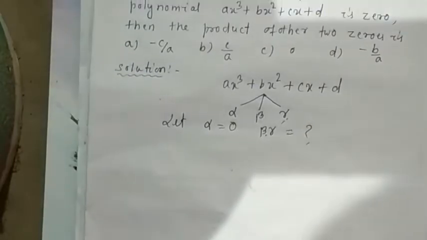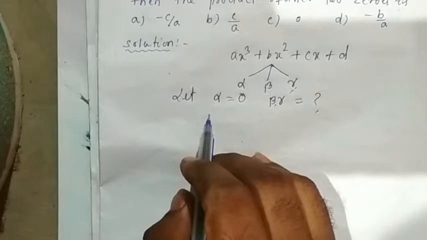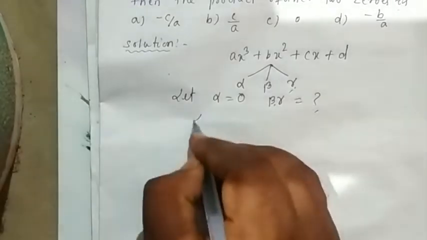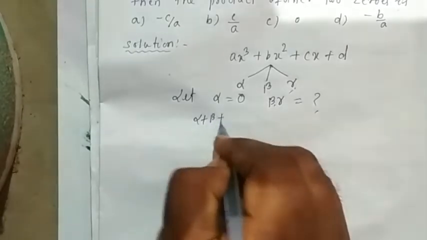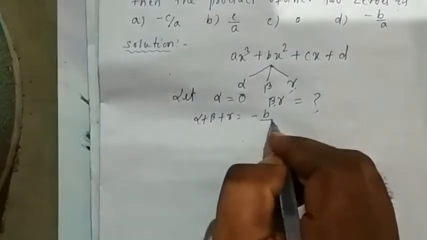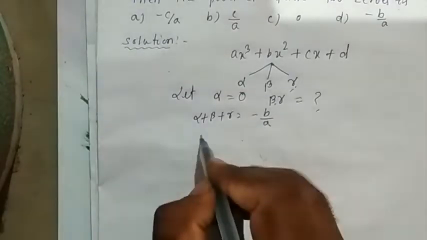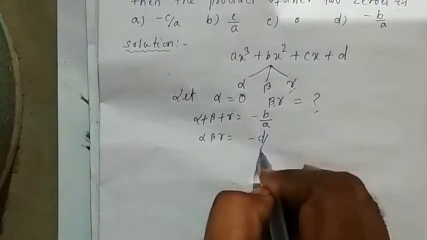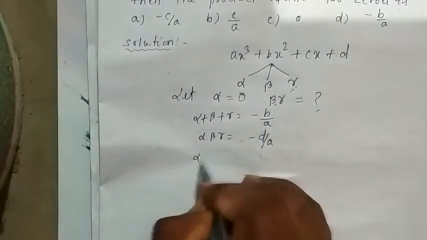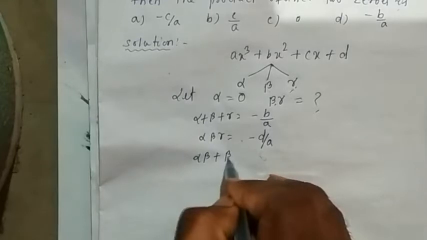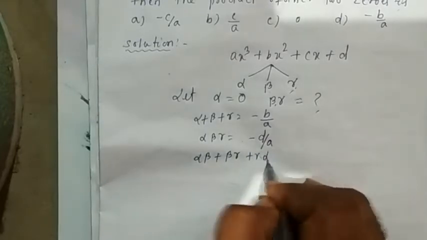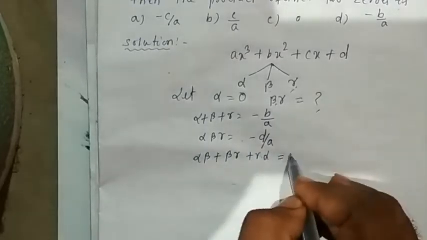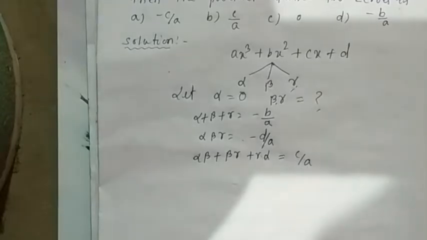Now you know the relations of the zeros of a cubic polynomial with its coefficients. You know that alpha plus beta plus gamma is equal to minus b by a, alpha beta gamma is equal to minus d by a, and alpha beta plus beta gamma plus gamma alpha is equal to c by a.